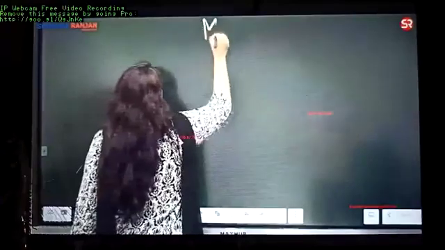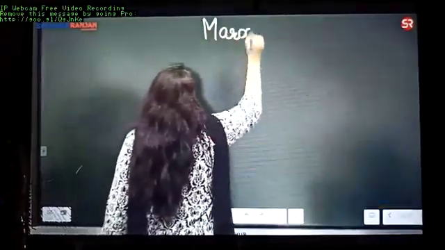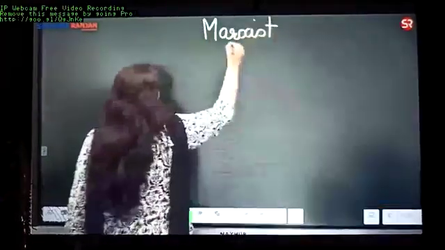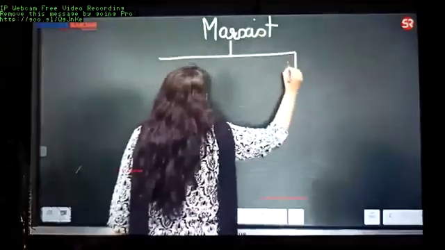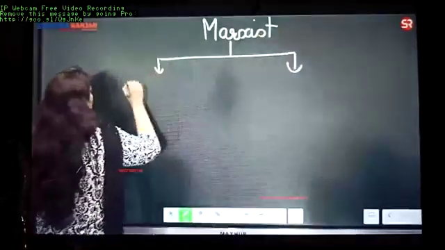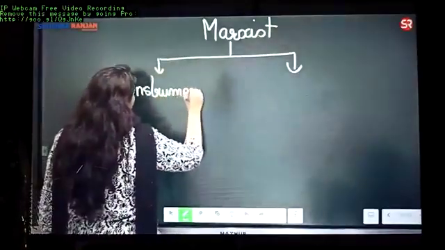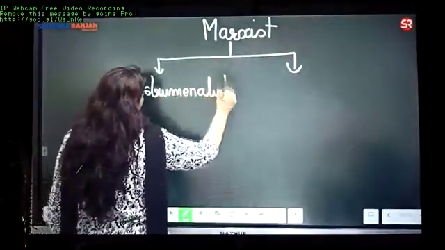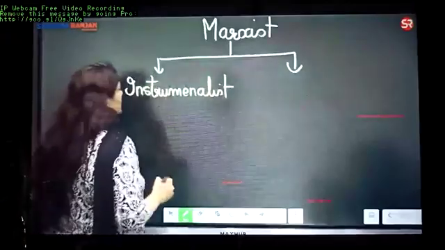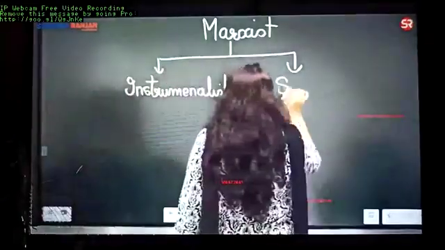Now let us do the Marxist perspective. Within Marxism, there are two perspectives. One is instrumentalist and the other is structuralist.